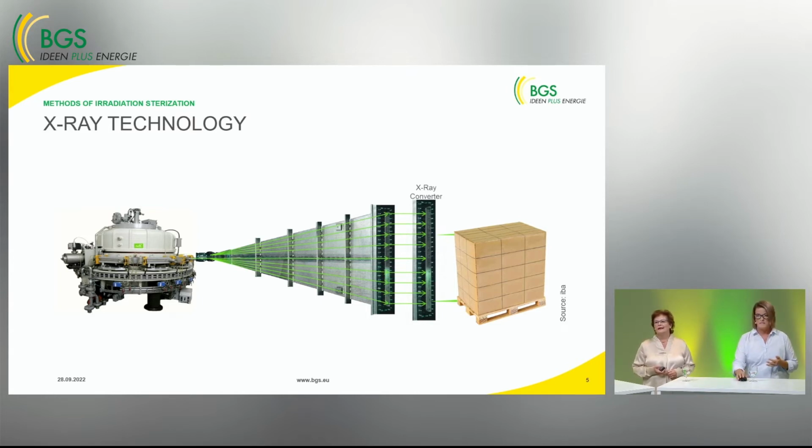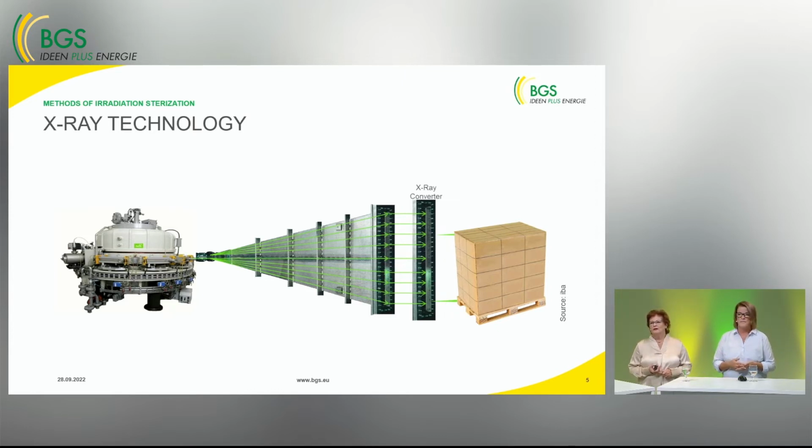To generate X-rays, a powerful electron accelerator is mandatory. The electron beam so generated is fired at a heavy metal target, and we create with that Bremsstrahlung, which is used for this product irradiation.